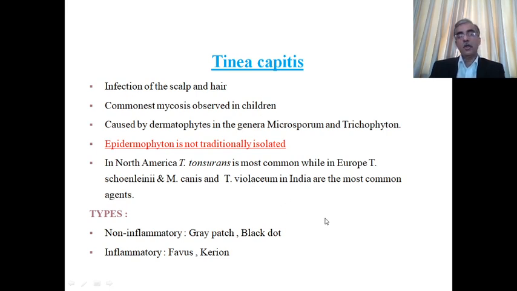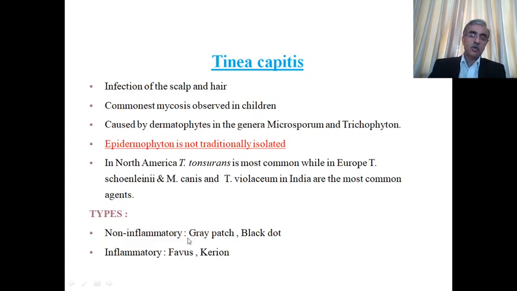So epidemiology is changing. And then clinical types: it can be non-inflammatory or it can be inflammatory. When inflammation is not there, then the clinical picture can be in the form of a gray patch or in the form of black dot. We will be discussing this in detail in further slides. And in the inflammatory form, there can be favus. Another presentation can be in the form of kerion.